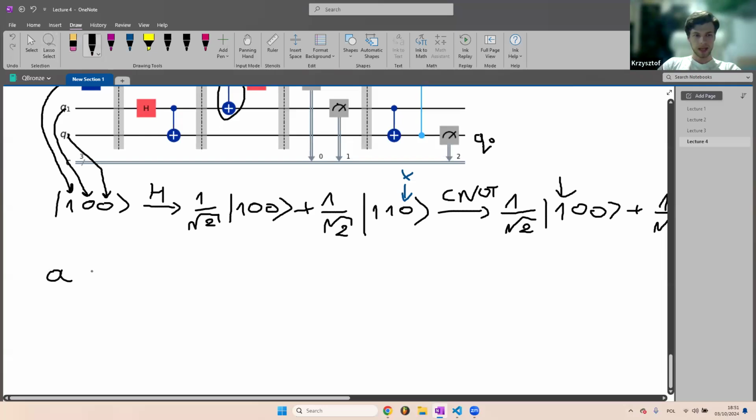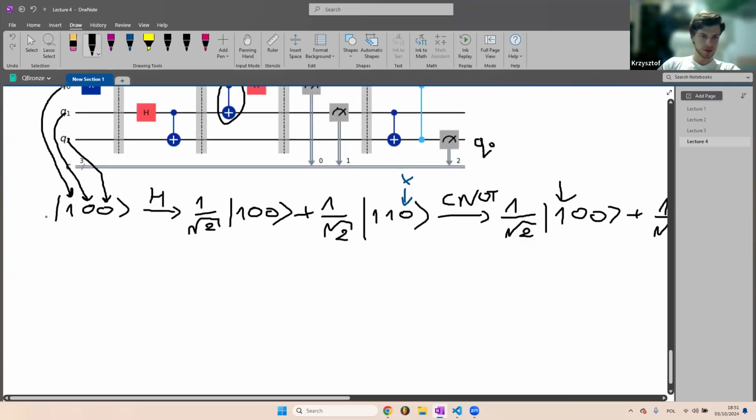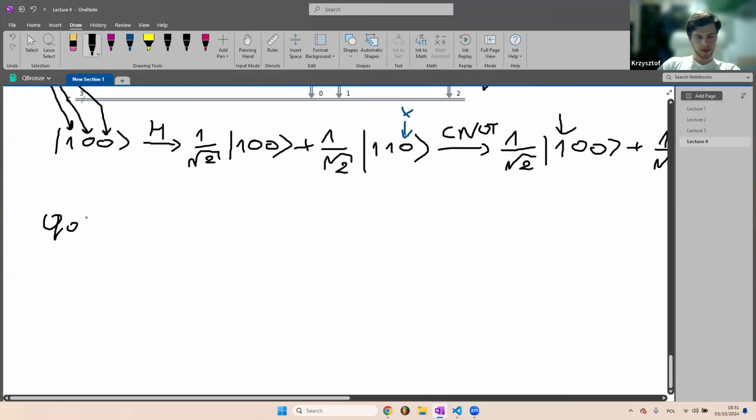So we can have any qubit. This Q0 can be in any state A|0> plus B|1>. Okay, this is the state of our qubit 0. This can be any numbers as long as A squared plus B squared equals 1.